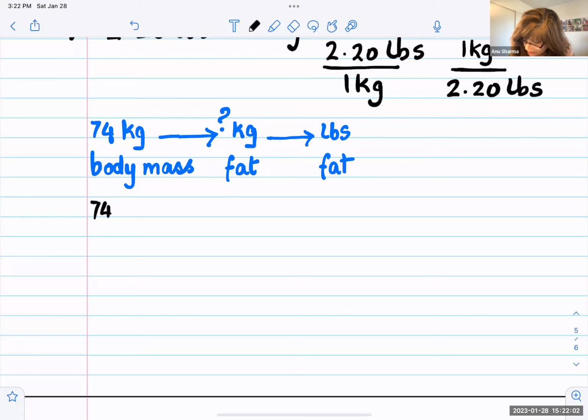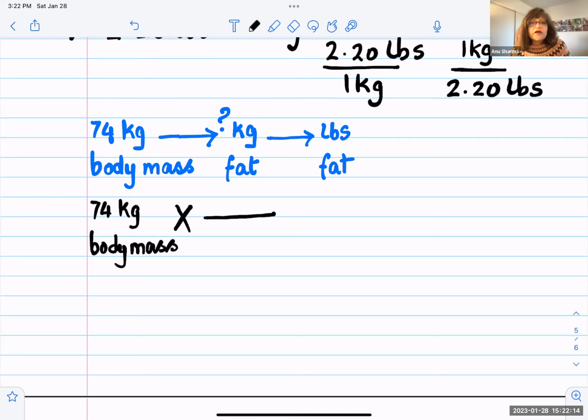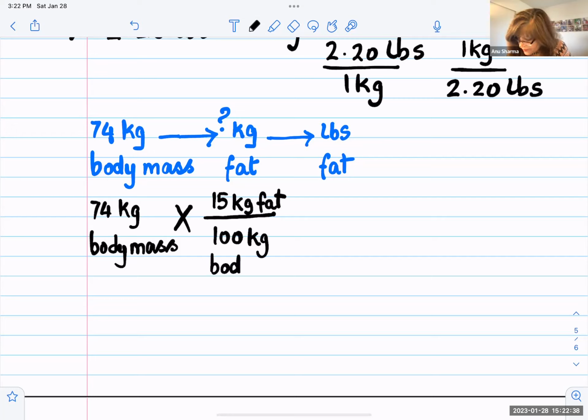74 kilograms body mass multiplied by the percentage, and that percentage gives us the way we can get rid of the body mass. We know that in the percentage, 15 kilograms is the fat and 100 kilograms is the body mass. So you see here, diagonally, you can cancel out the kilograms.